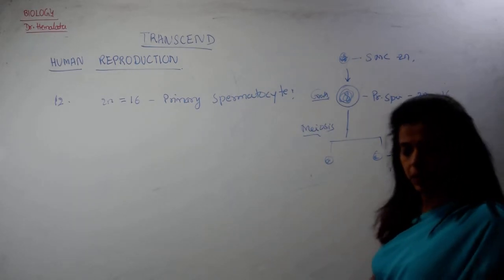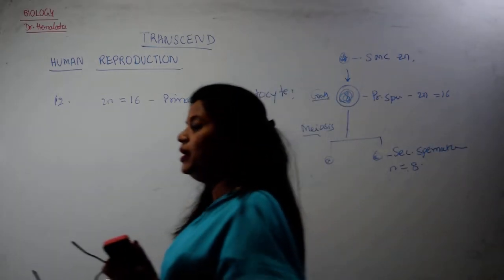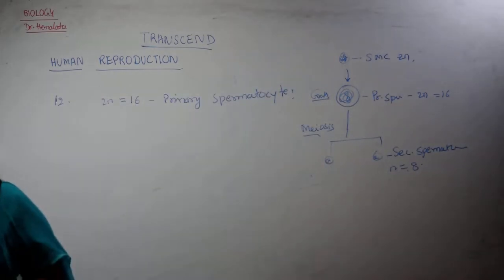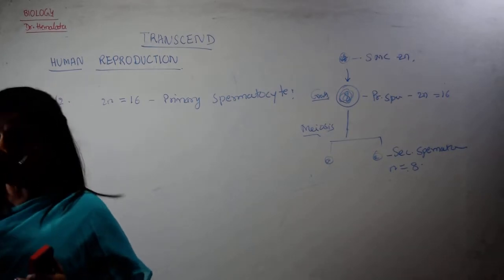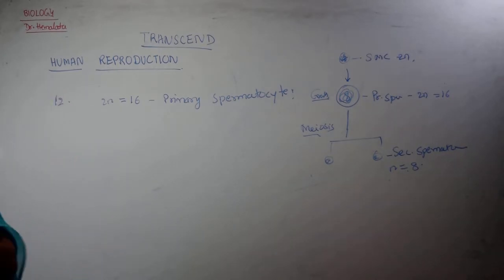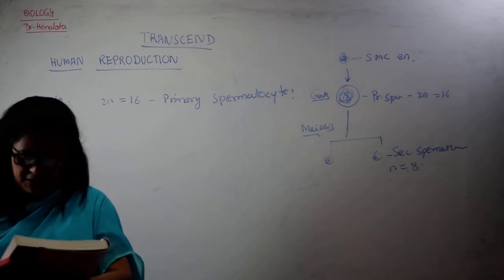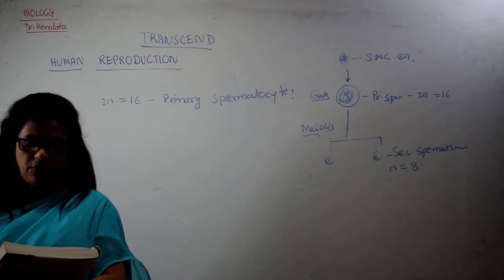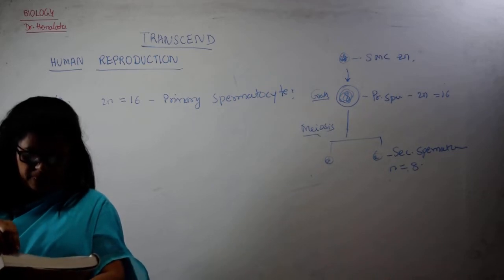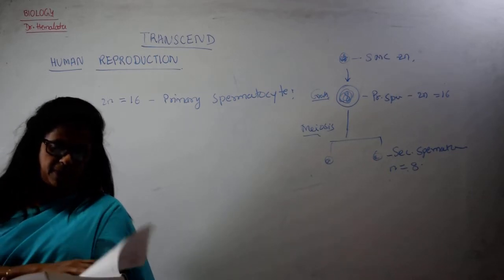So the secondary spermatocyte must contain n equals 8 chromosomes, because a reductional division happens at this stage. So the answer is D, that is n equal to 8. Let's go to some other questions.